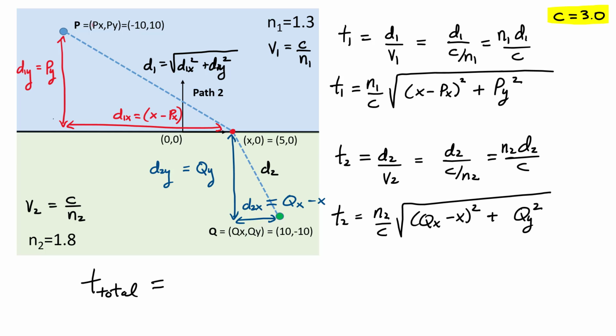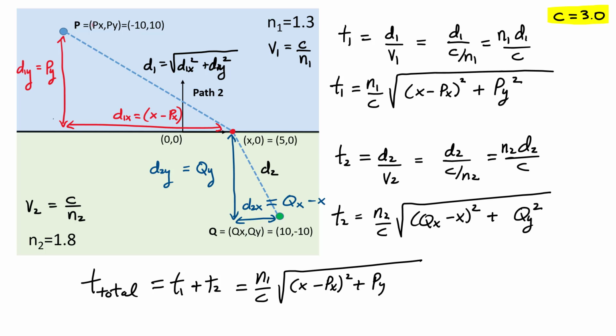So for the total time, you have to add both of those. It's going to be T1 plus T2. That's the total time it takes to go from point P to point Q. So simply rewrite those expressions here, and we get one final expression, and that expression is actually only in terms of one variable, right? Because Px, Py, those are constants for this problem.